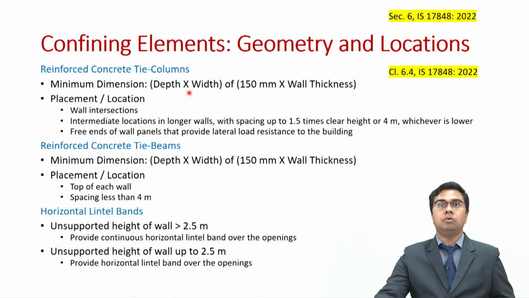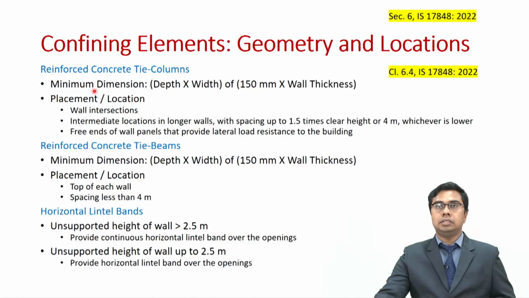When it comes to tie columns and tie beams, they shall be made of reinforced concrete. We have looked at the minimum grade of concrete that is allowed, which is M15, and the minimum grade of steel that is allowed, which is Fe415.